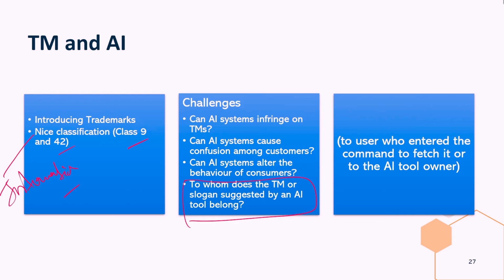In that case, who will have the trademark protection of that trademark which has not been coined by you, or propounded by you, but has been suggested by the AI? Will the ownership lie with the users who enter the command, or with the AI tool owner, or with none? These are some of the perplexing questions.